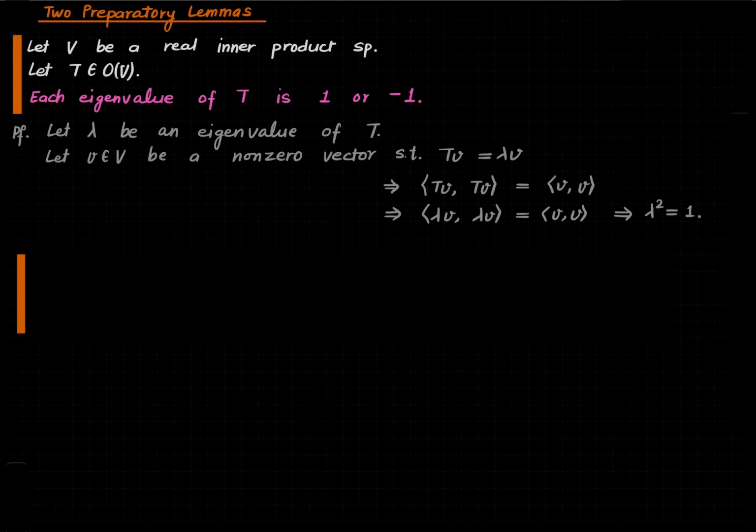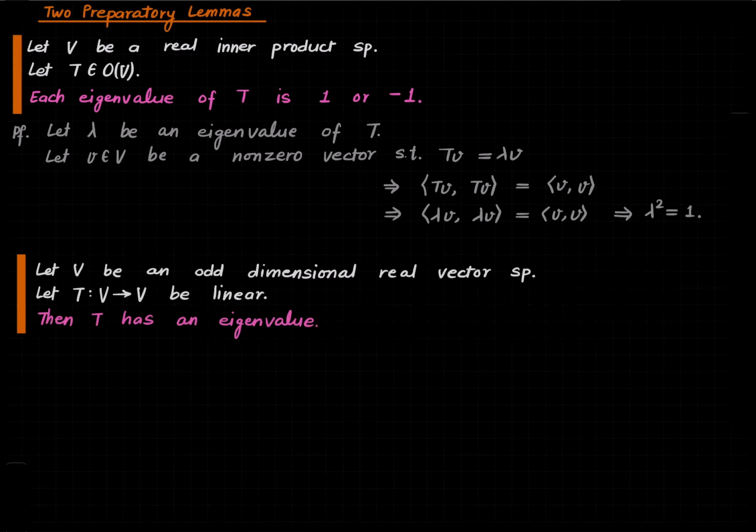And another thing I want to recall from linear algebra is that suppose we have an odd dimensional real vector space and we have a linear endomorphism T of it, then it has an eigenvalue. There are perhaps many ways to do this, but one way is the following. You consider the characteristic polynomial of T. The degree of the characteristic polynomial is the same as the dimension of the space in question.